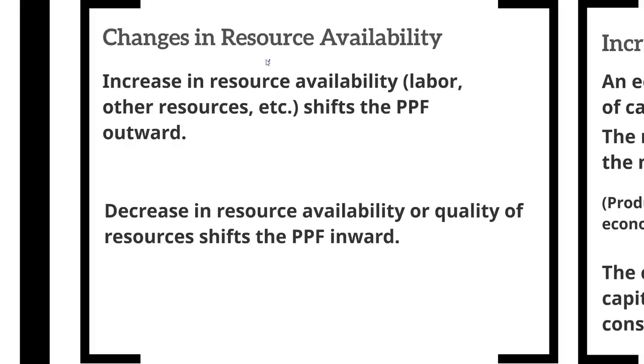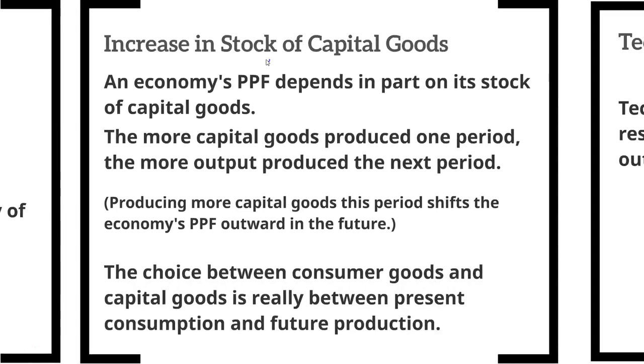The first thing would be the changes in resource availability. An increase in resource availability, be it labor or other resources, shifts the PPF outward. Decrease in resource availability or quality of resources shifts the PPF inward. Increase in stock of capital goods.